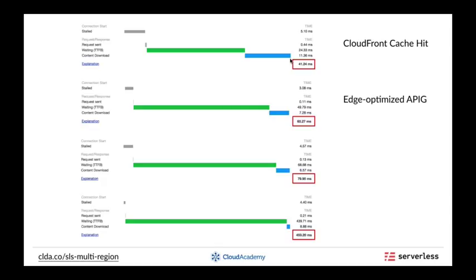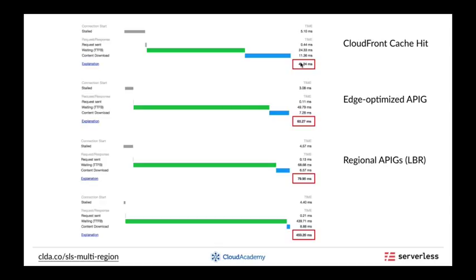And the second one is an edge-optimized API gateway endpoint. This refers to the typical single region setup where you have API gateway and CloudFront optimizing the global latency for you. So this is more or less halfway between a cache hit and the regional API gateway endpoint. Here I am hitting the latency-based routing endpoint, and I was hitting directly the Frankfurt regional endpoint.